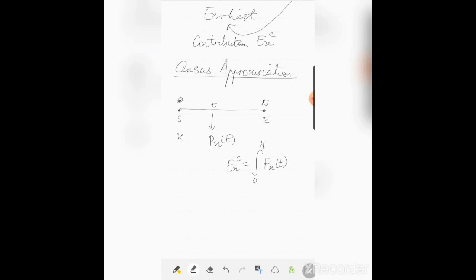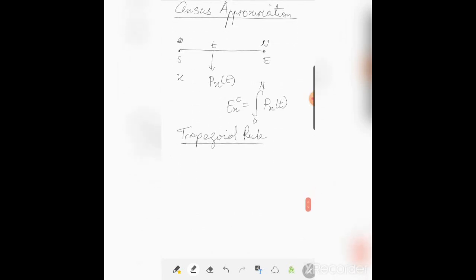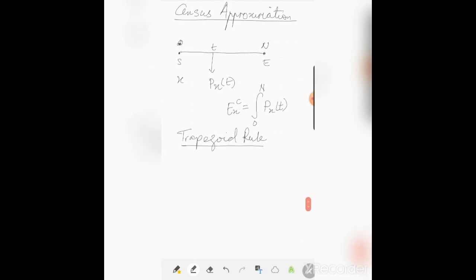If I don't know the pattern of p_x(t), we simply use the trapezoid rule to estimate the average value of p_x(t). We divide it into small intervals.